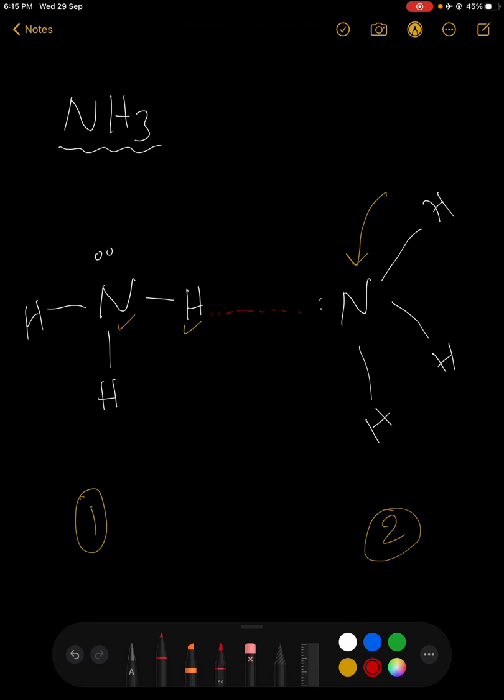You draw the dotted line, and you have to keep in mind that the angle between the covalent bond and the dotted line is 180 degrees, not like this. Nitrogen is electronegative, which is partially negative. Hydrogen is partially positive. So in this case, I can do it, and I'm happy to draw hydrogen bonding between ammonia molecules.